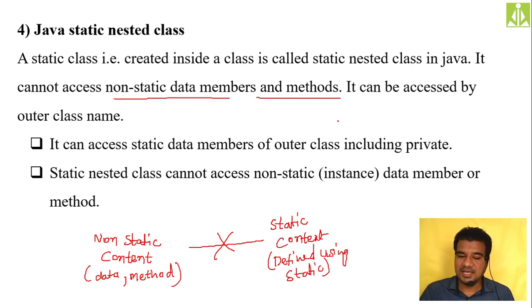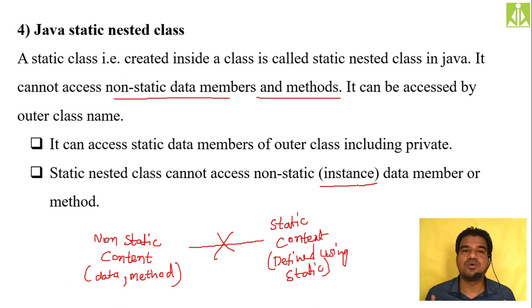Non-static, when I'm saying it here, in the bracket I kept instance. So non-static means they are related to an object. Anything which is dependent on an object, anything which is dependent on an instance, you cannot access inside the static context.